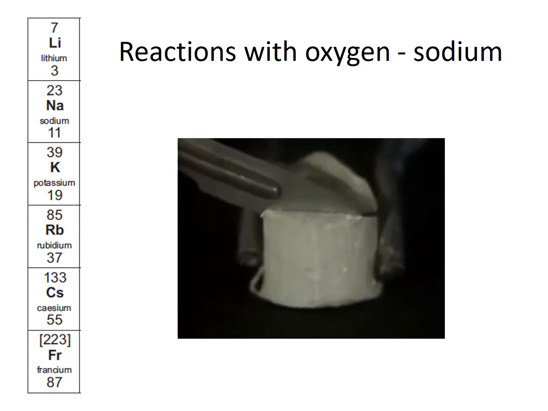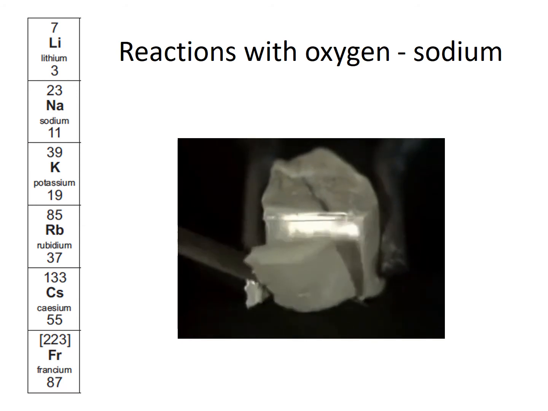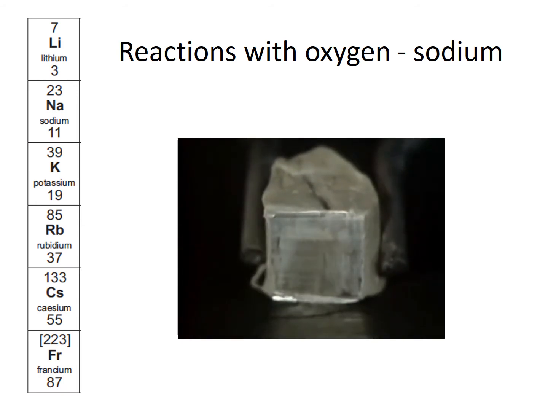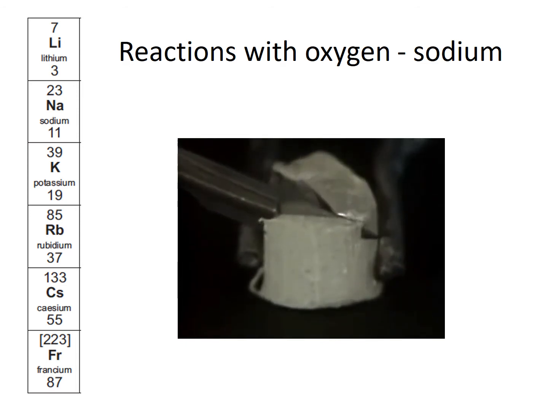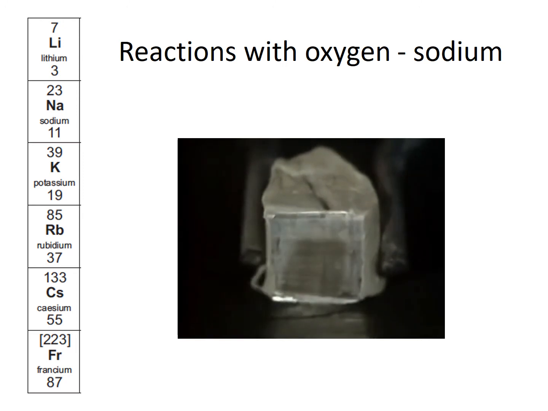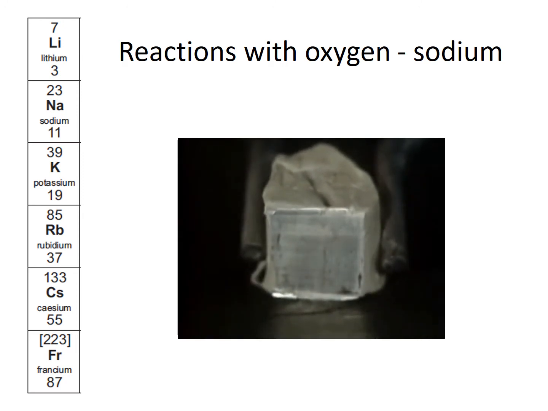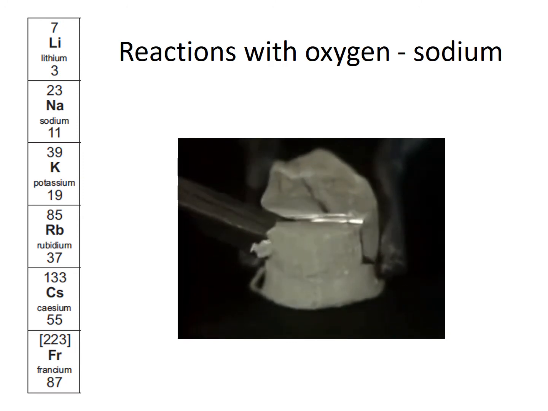And you see this pattern continuing as well. So this is a pure piece of sodium. You can see that the person has sliced through the sodium. It's nice and shiny to start off with, but it very quickly reacts with the oxygen in air. In fact, this has taken, I think, 6 seconds compared to lithium, which took about 15 seconds to react.